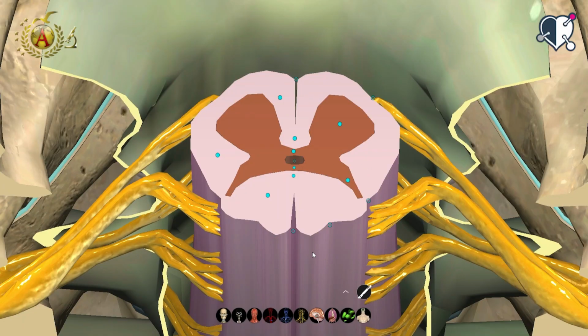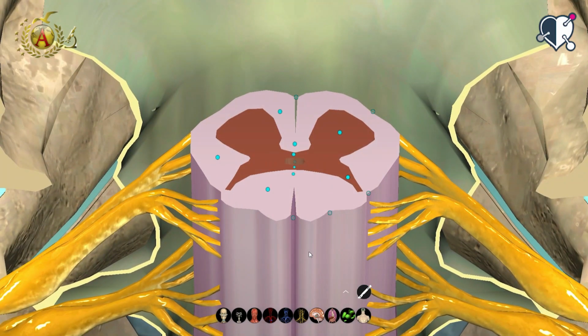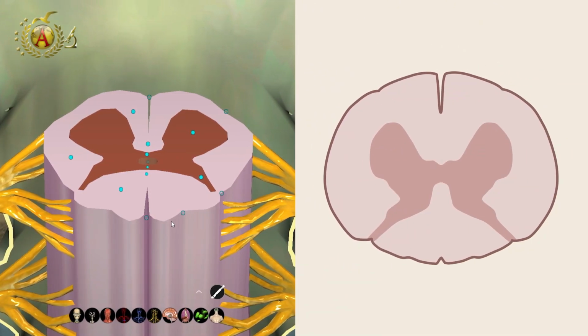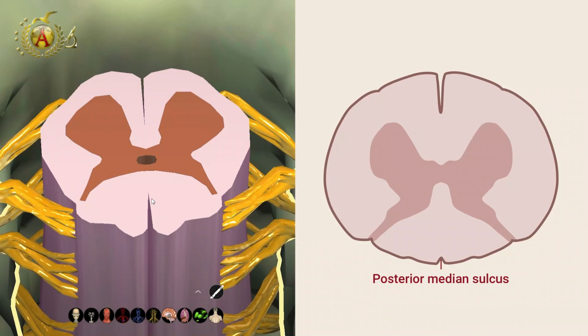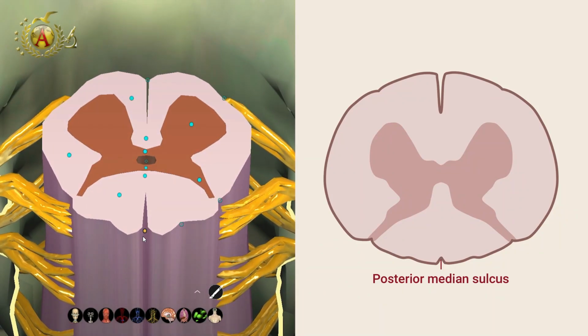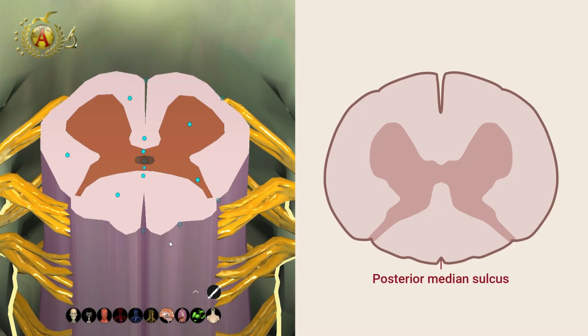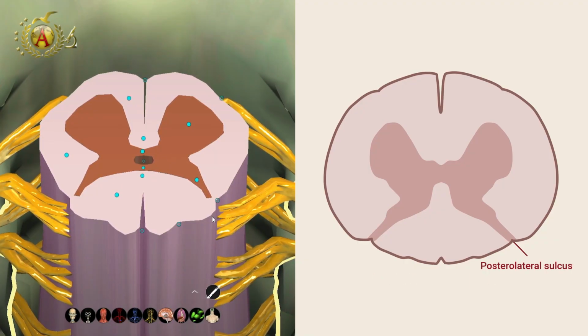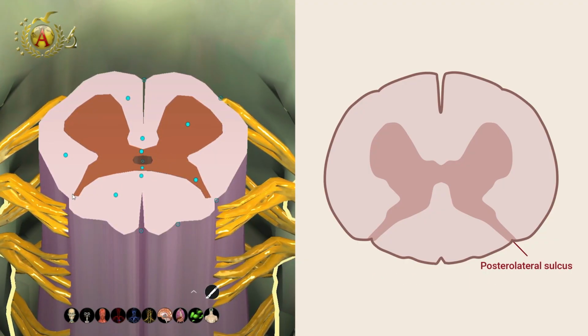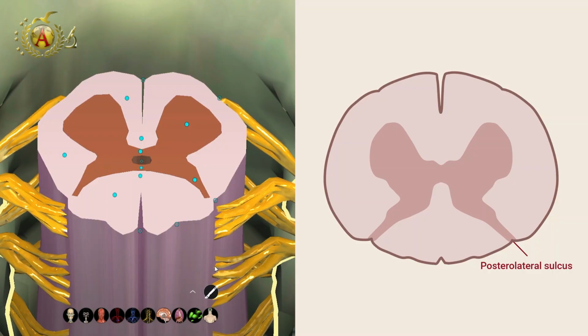Posteriorly, the shallow posterior median sulcus extends inward, connecting with the posterior septum, which reaches deeper into the grey matter. About 3 mm from the median sulcus, the posterolateral sulcus is visible, serving as the entry point for the posterior roots of the spinal nerves.